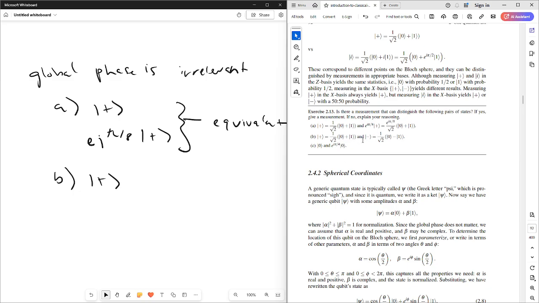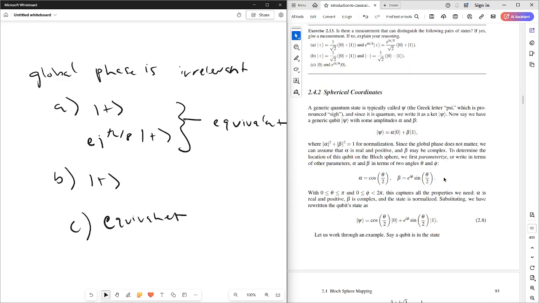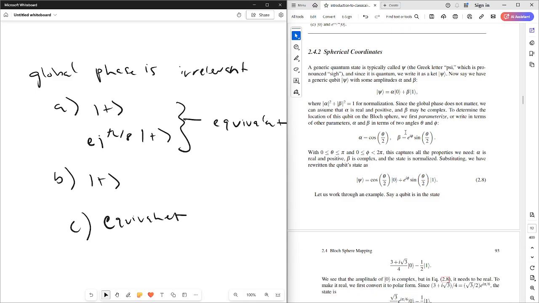And we can measure in the plus-minus basis, and that'll actually be able to distinguish the two states. And again, it's the same thing with the global phase. They differ by a global phase, and therefore they are equivalent. Spherical coordinates. All right.